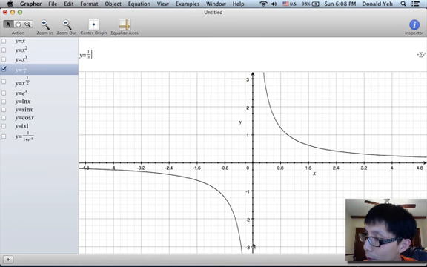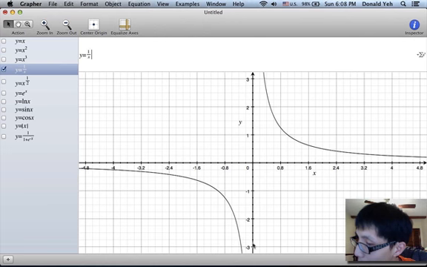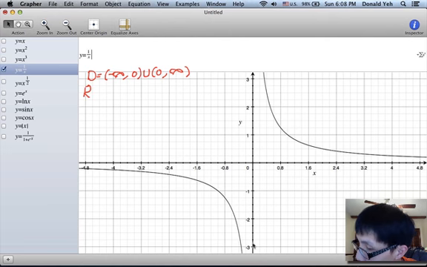So the domain is going to be from negative infinity to 0, and union from 0 to positive infinity. Range is going to be exactly the same way, from negative infinity to 0, union from 0 to infinity.